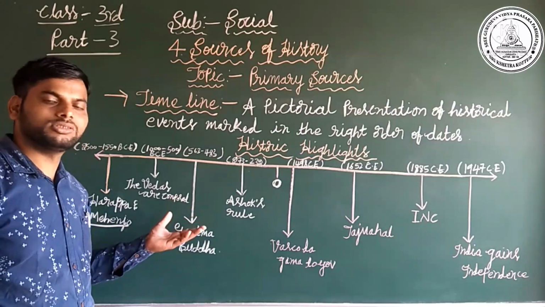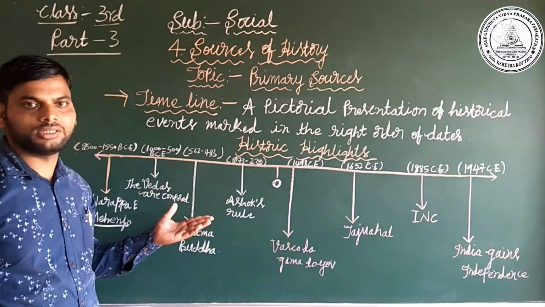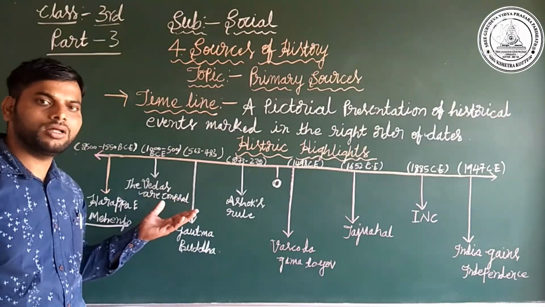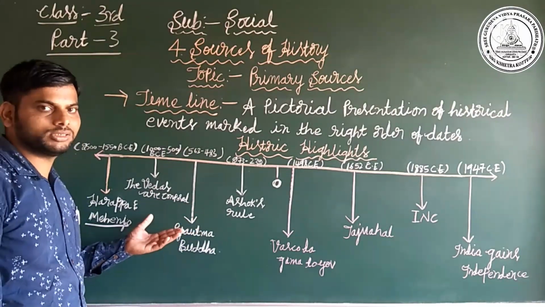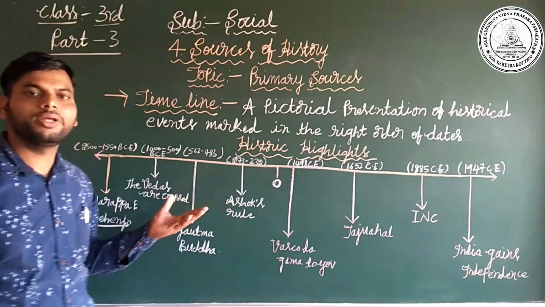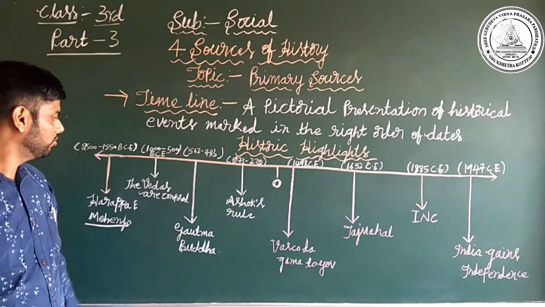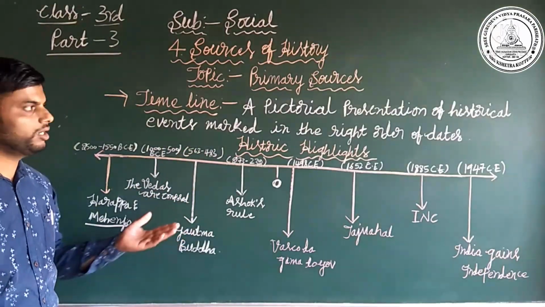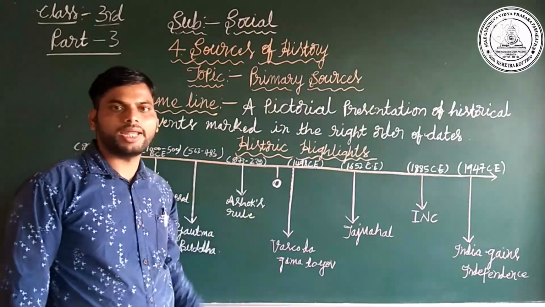Then artifacts. Artifacts are objects that give important information about the past, like coins, pottery, and statues. Then we learnt about archaeologists, and finally the timeline.